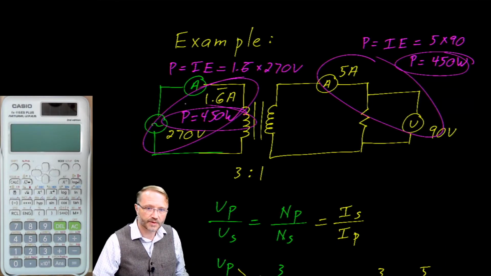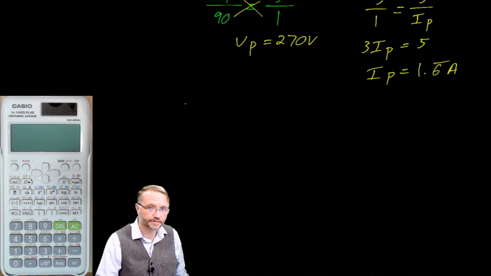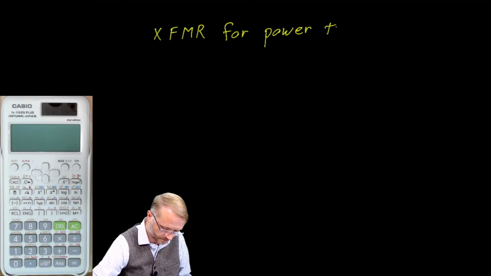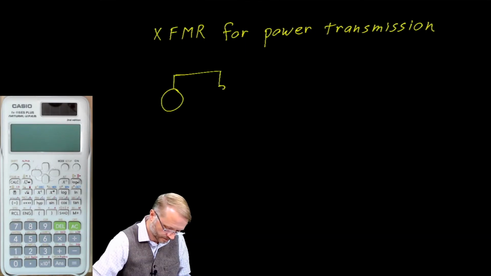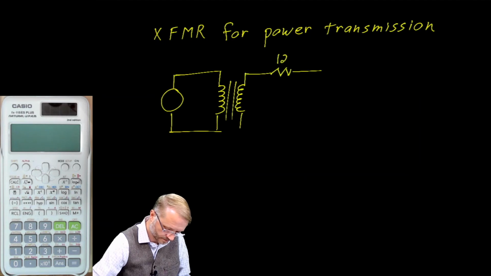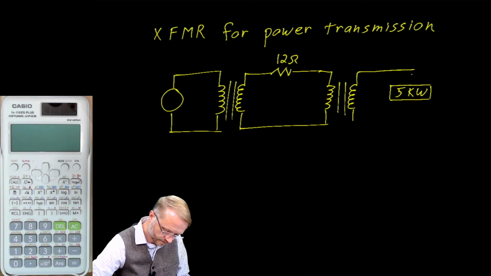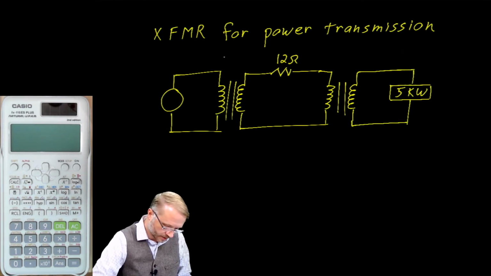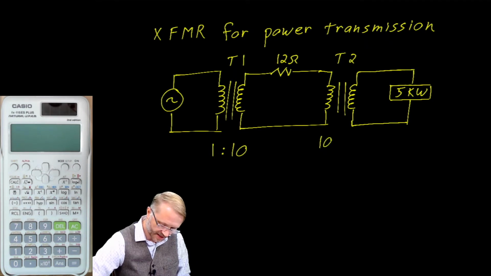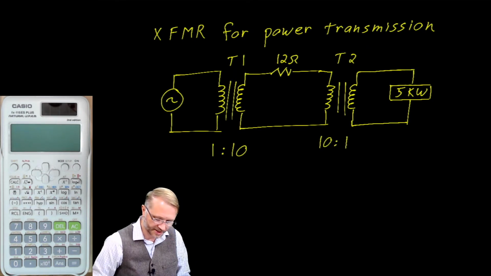Let's work another example, except this time we're going to put a twist on it. We're going to try to explore why we would need transformers in the first place. We'll let transformer 1 have a 1 to 10 ratio, and we'll let transformer 2 have a 10 to 1 ratio.